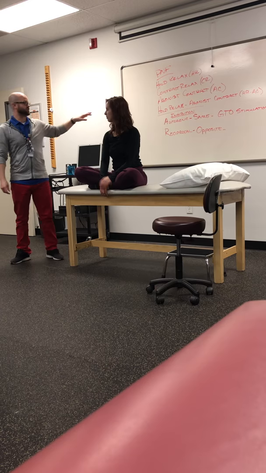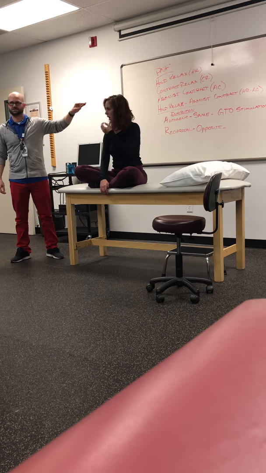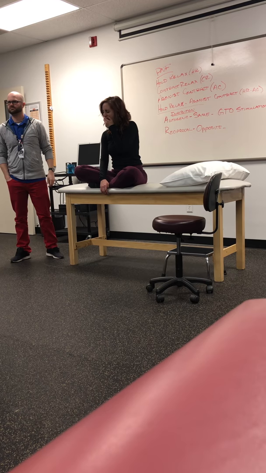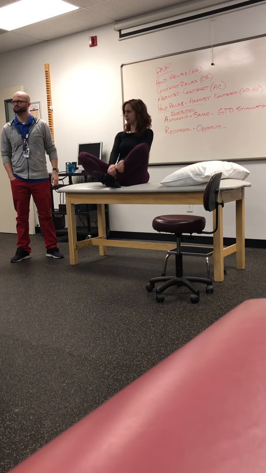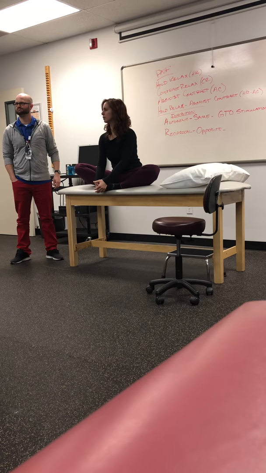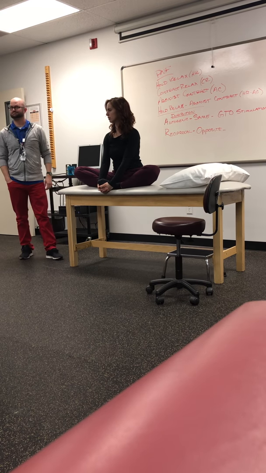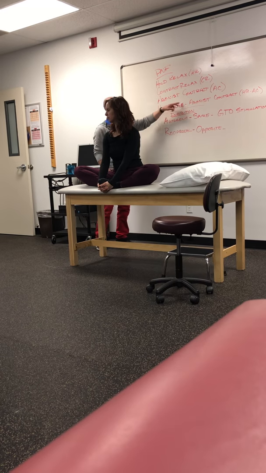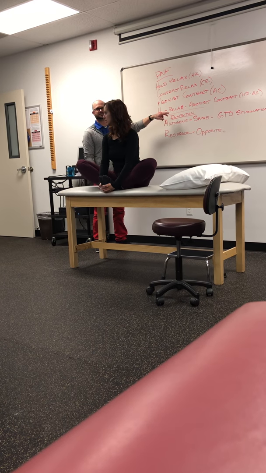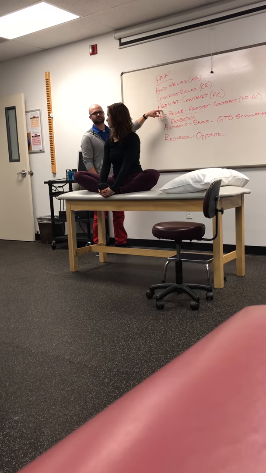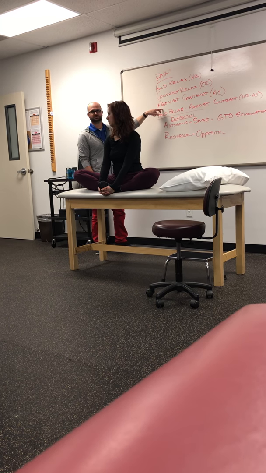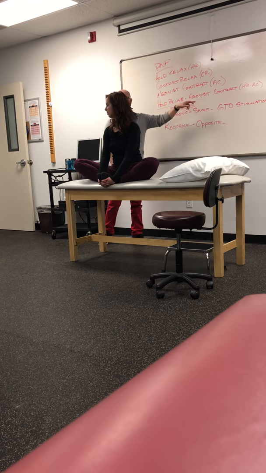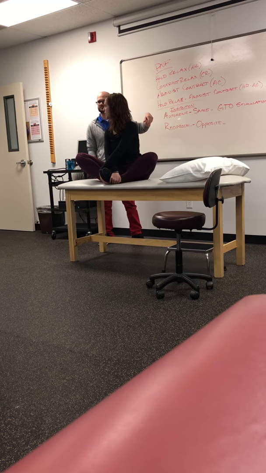Just knowing what you know about hold relax and agonist contract by themselves, what type of inhibition do you think we're trying to go off? Both, right? We're trying to get autogenic inhibition with hold relax, but then we're going to have them contract the opposite muscle so that we can try and rely on reciprocal inhibition with agonist contract.